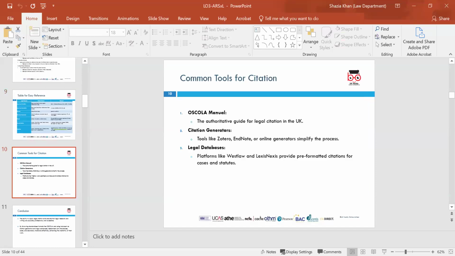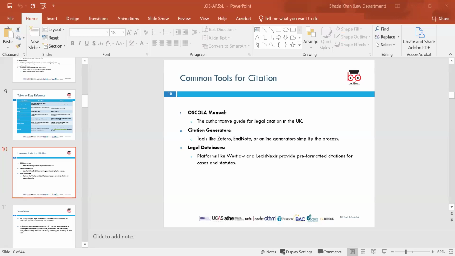Common tools for citation. So you've got the common tools, OSCOLA, which is a referencing style designed for legal researchers, citation generators like Zotero, EndNote, or online generators, and legal databases that are used as well, like LexisNexis, Westlaw, and JustisOne.